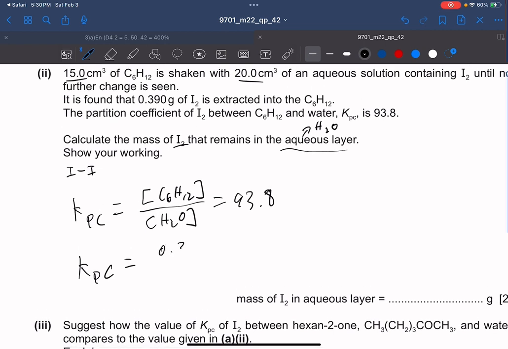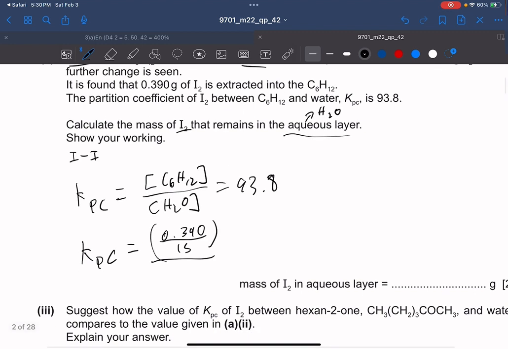So 0.39 grams over 15 over x grams over 20 is going to be 93.8.